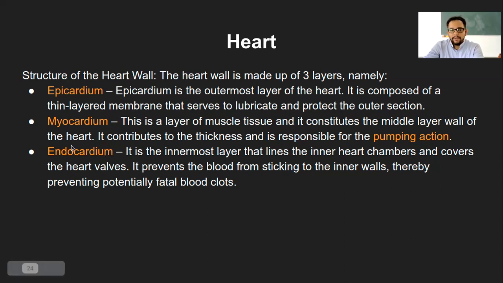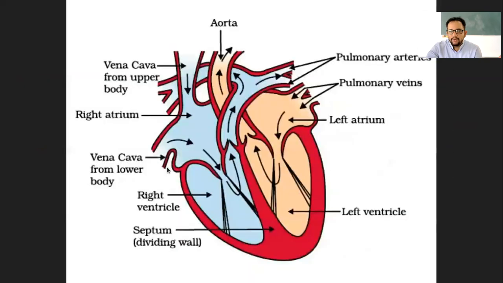Then the endocardium, which is the innermost layer of the heart, lines the inner heart chambers and covers the heart walls as well. So what it means is that we have the complete inner covering of the heart, even through these wall-like structures. So let me just show you here. These are different chambers: 1, 2, this third one, and the fourth one.